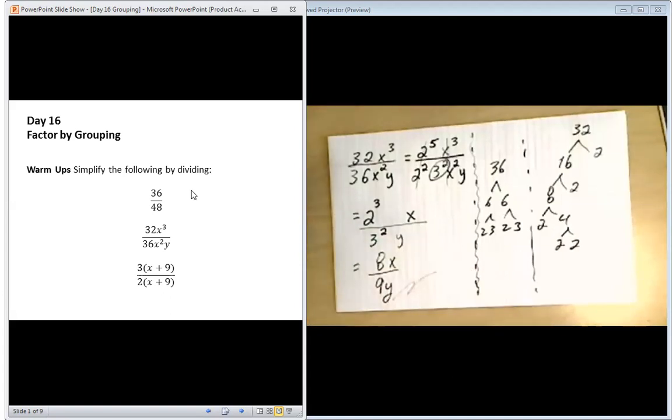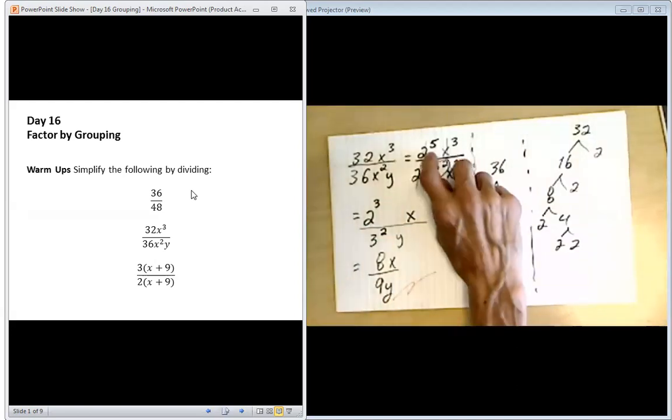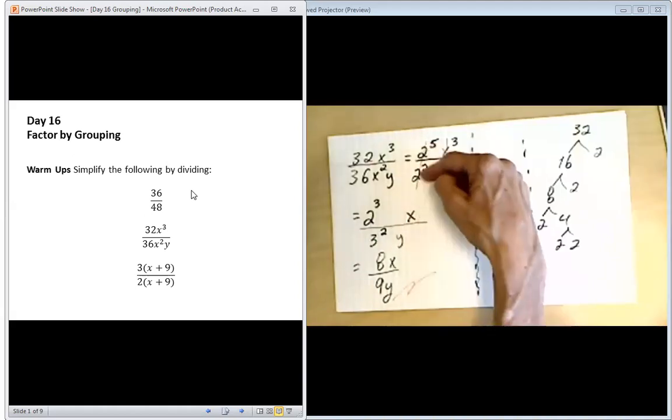Okay, on to the next one. Looks a bit busier, right? A little strange. But before I turn the page, look what happened here when we had a 2 on the top and a 2 on the bottom, right? Those things worked on one another. They divided out. What about the x's?